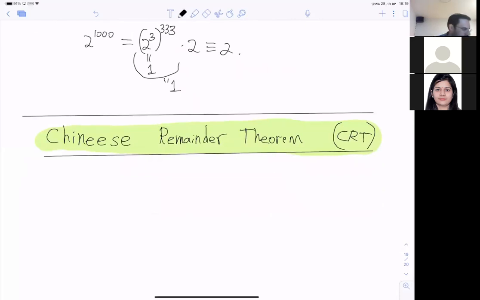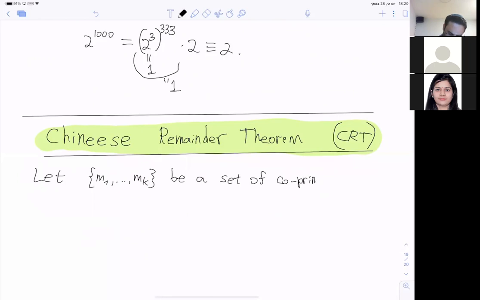It says that, let these numbers be a set of coprime natural numbers. What do I mean?